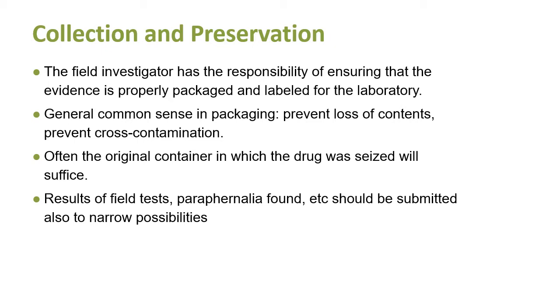So if the number of possibilities can be reduced to just a few, that's very helpful to the lab technician. Paraphernalia based off of typical drug use can be very helpful for them to say, well, this was found with a pipe, so it's very likely to be one of these substances. And that should be submitted along with the actual drug evidence that's collected, to help the analysts make decisions about which analytical test to run.